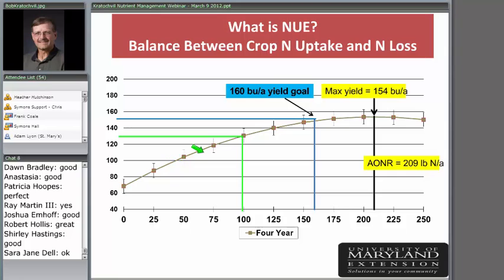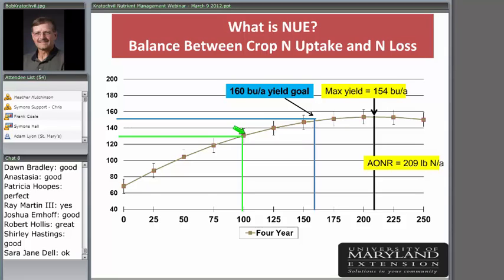You can see the green lines there, we do a pretty good job of responding to nitrogen. In fact, at 0 nitrogen supplied, we averaged about 70 bushel yield. With the next 100 pounds, we were able to attain a yield of approximately 130 bushel. At low nitrogen fertilizer rates, we're actually very efficient at using our nitrogen.